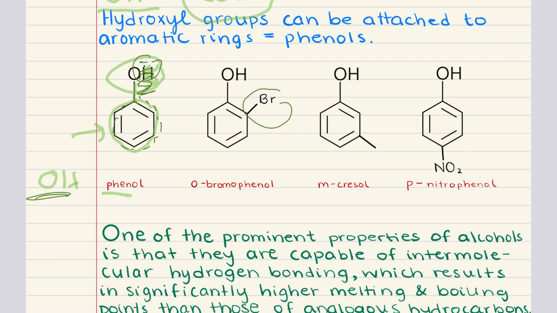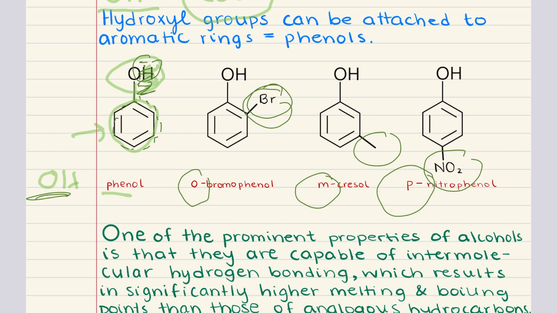So the ortho position refers to a substituent located adjacent to the hydroxyl group. The meta position refers to a substituent one carbon away from the hydroxyl group. And then the para position refers to a substituent located directly opposite the hydroxyl group.